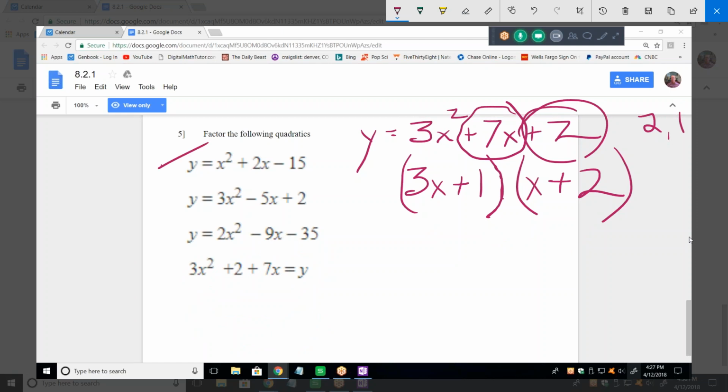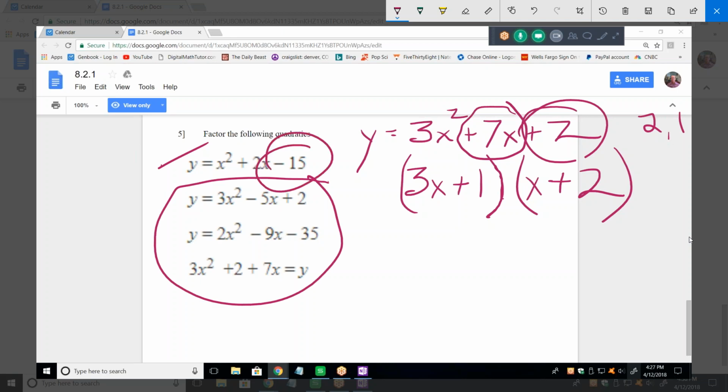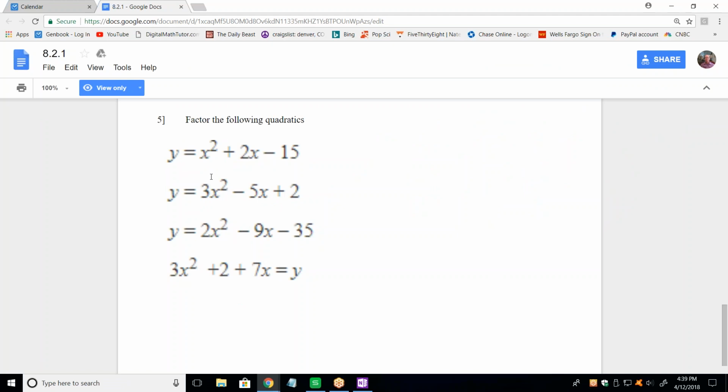These three here, you could not use that definition of factors of 15 that subtract to the number 2. You never will be able to. The only time you can ever use that is if that coefficient on the x squared is precisely 1.